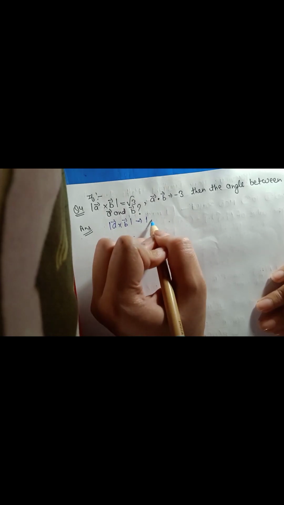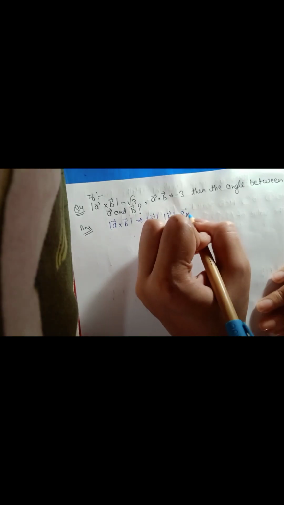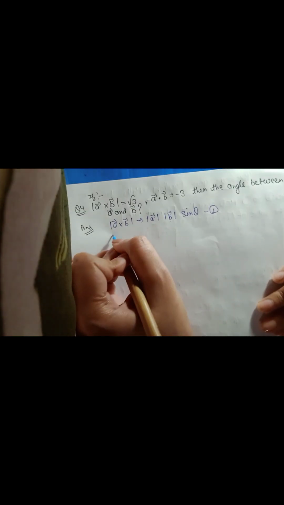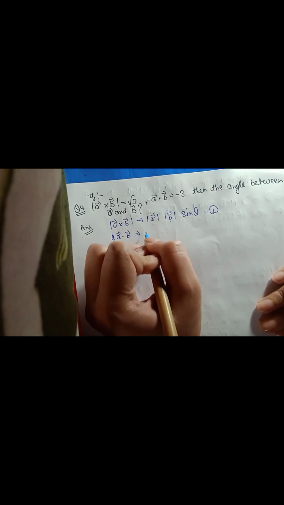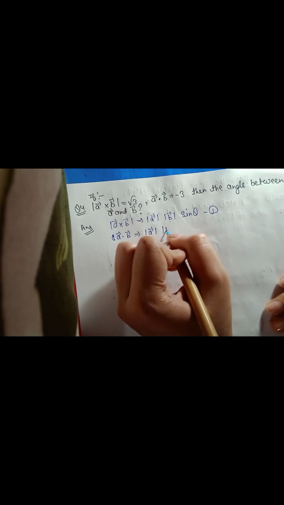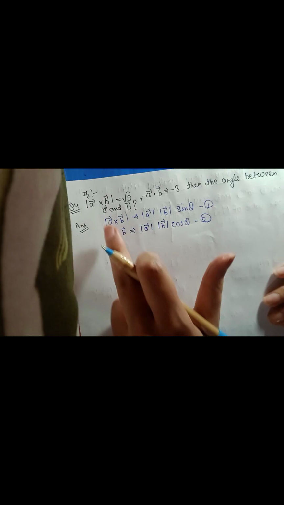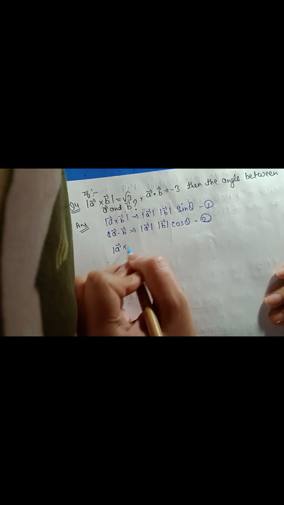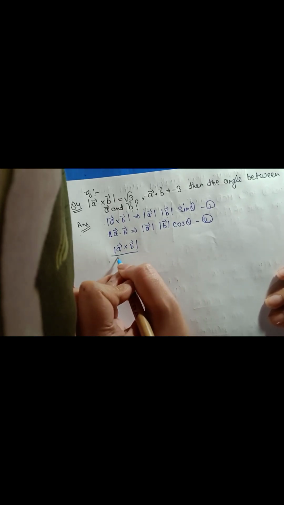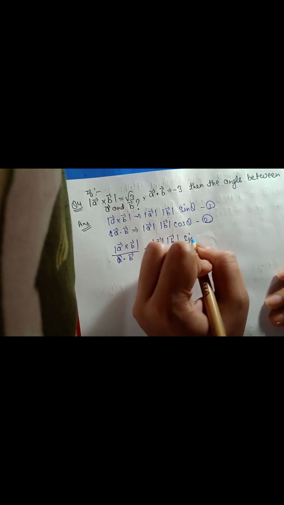So the angle between a vector and b vector will be, first we write the formulas of the cross and dot products, then we simplify by making equations.